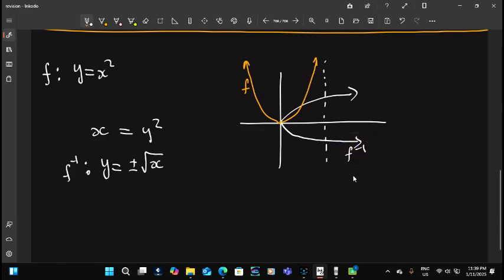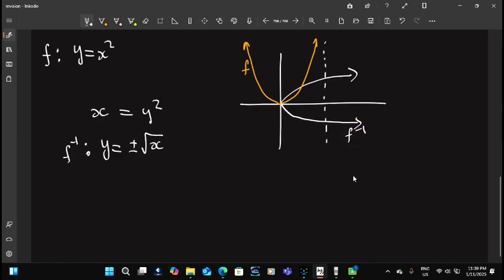So we are going to learn how to restrict the domain of the main function so that the inverse becomes a function. If you check from here, initially the domain of f is between negative infinity and infinity.